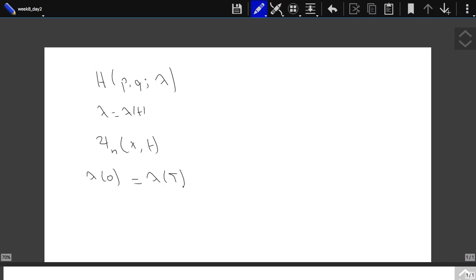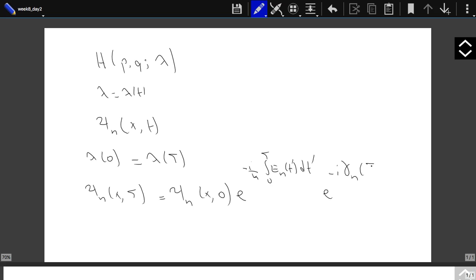Now, during this process, the wave function at time t is psi n of x at time 0, times a phase due to the energy, e to the minus i over h bar integral of En of t prime dt prime from 0 to t. This is called the dynamical phase. And then we have this additional phase, which we call gamma n of t. This is what we call the Berry phase.